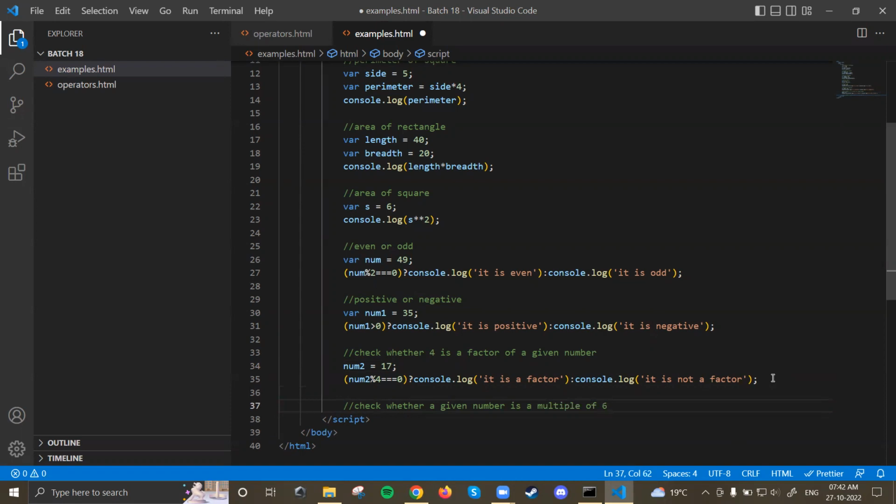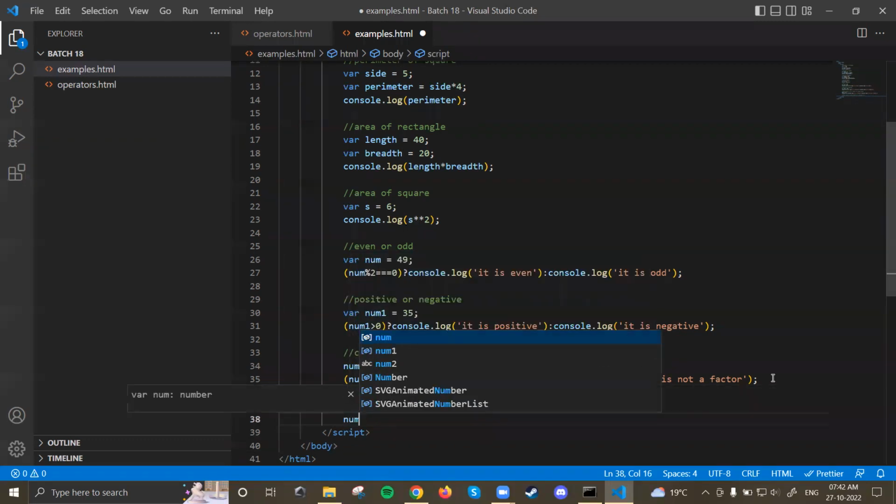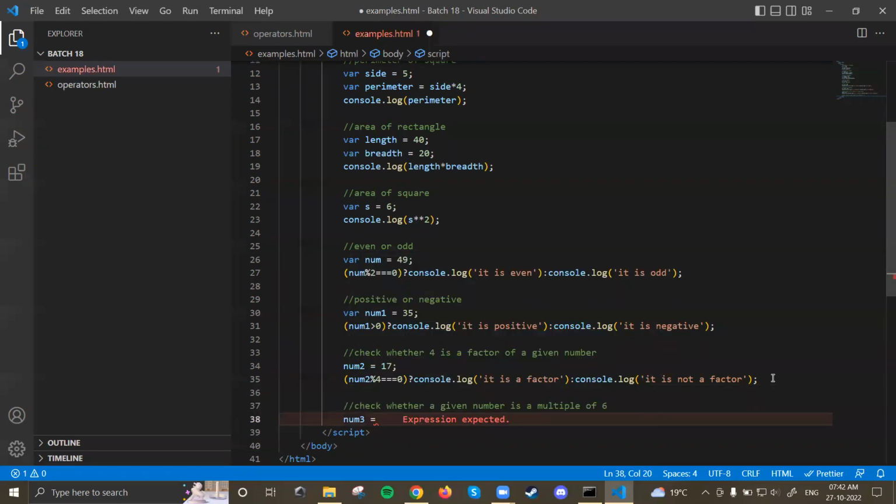So what are the multiples of 6? 6, 12, 18, 24, 30, 36. These are all multiples of 6. Let's say we have a number num3 is equal to 42. Is 42 a multiple of 6? Is it true or false?